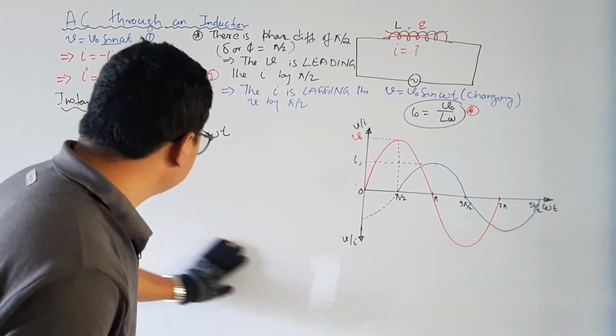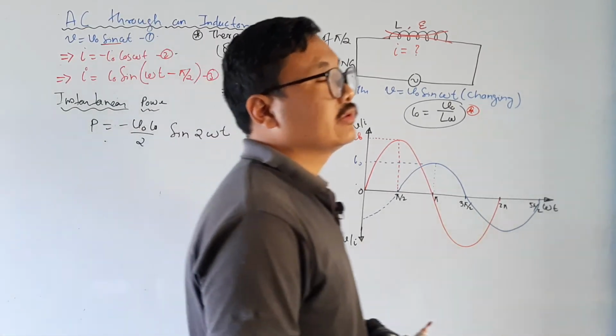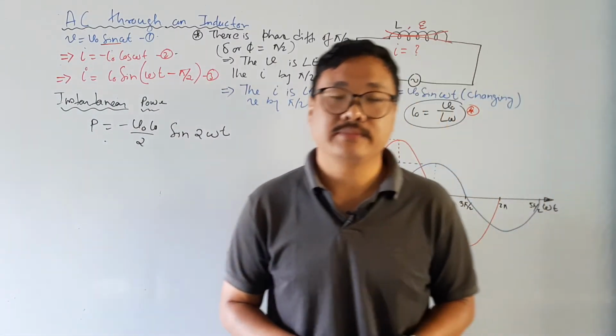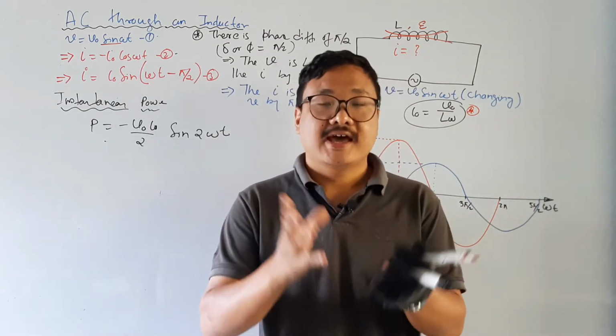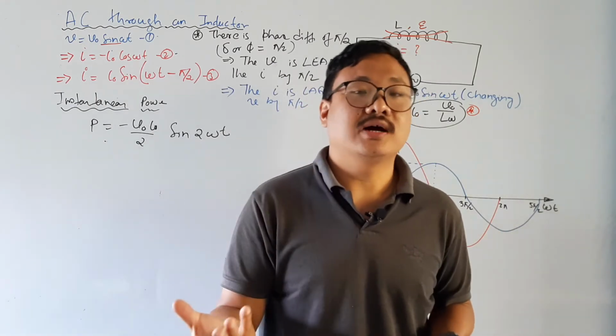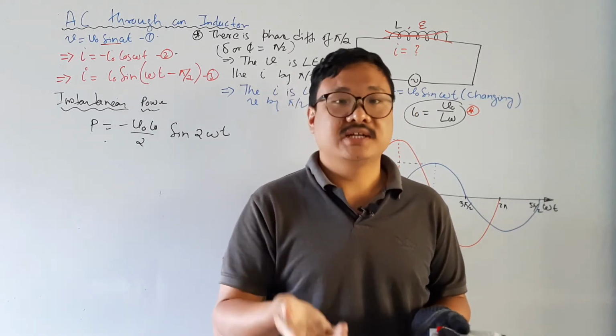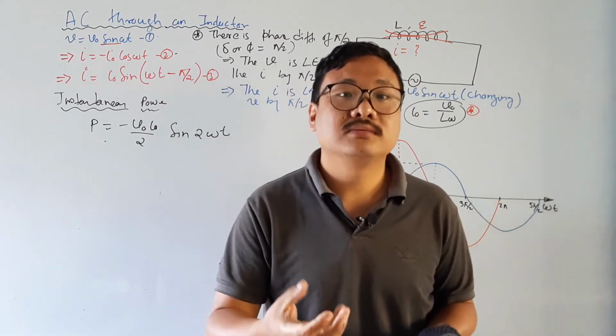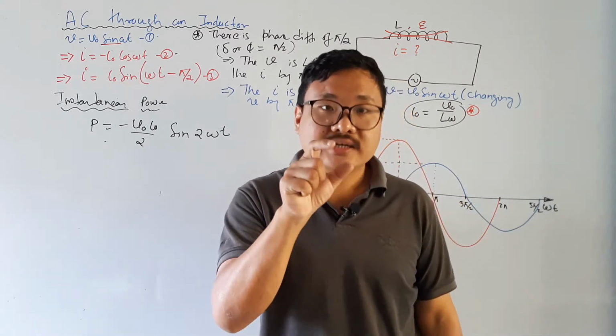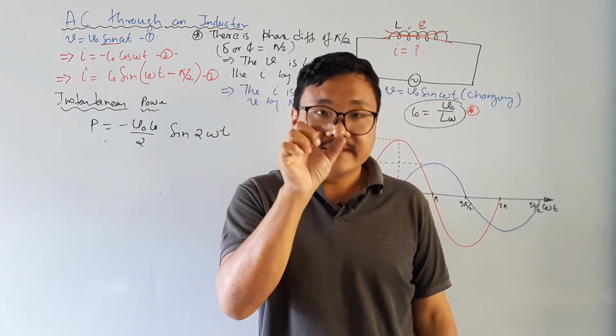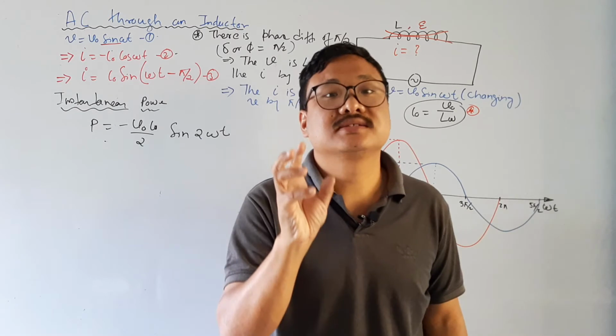But in daily life we do not refer to the instantaneous power. Whenever I say I have a bulb of 100 watt, or 60 watt, or sometimes an LED bulb of 8 watt, this watt is power, and it is a constant number.